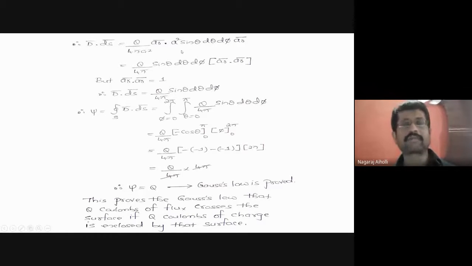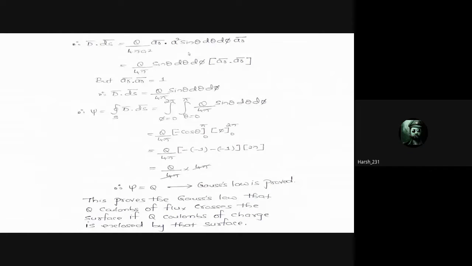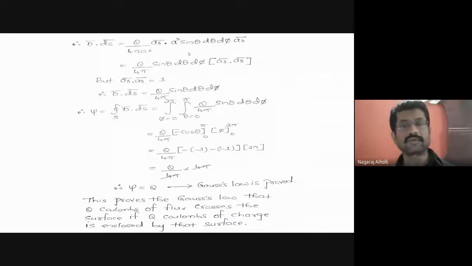What is a_r bar dot a_r bar? The dot product of the unit vector with itself is how much? It is 1, not a_r square. When we discussed the dot product and cross product in earlier classes, we saw that a unit vector dotted with itself has magnitude 1, not the square of that.